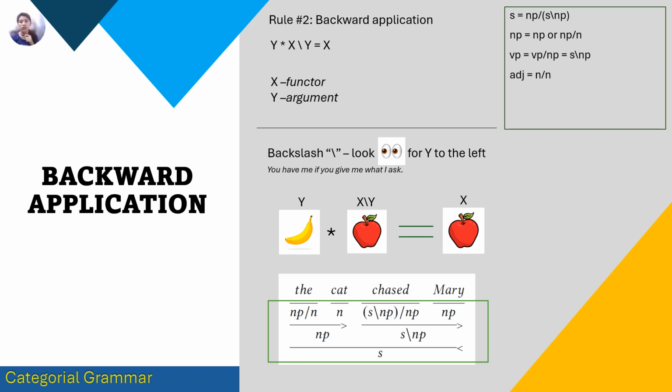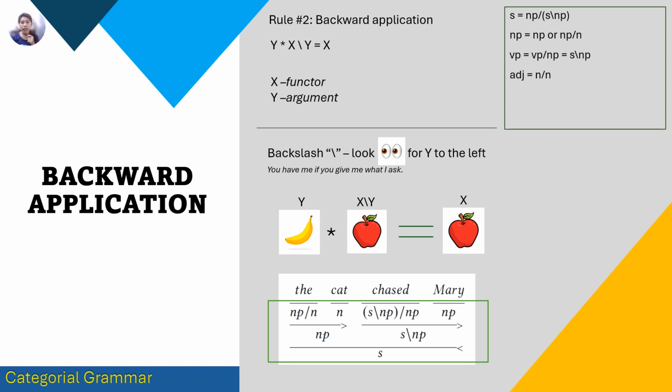And since the condition of having an NP to the right is met, therefore chased Mary can be categorized as one, and they will now be represented by S backslash NP, which is the representation of verb phrase. And because it is combined using the forward application, the direction of the arrow is, that's right, still pointing to the right.